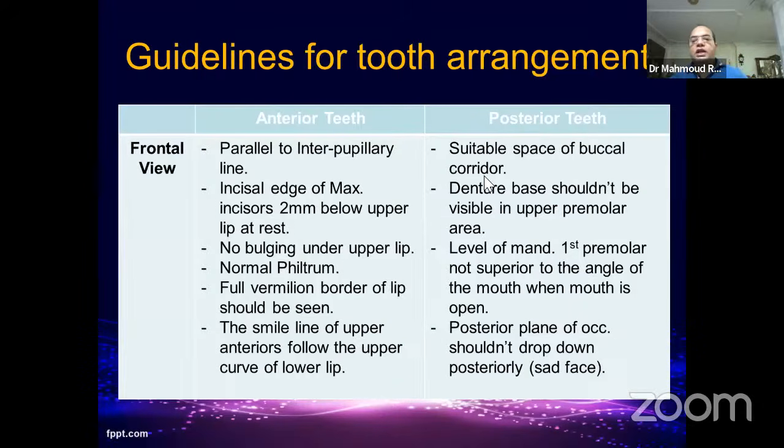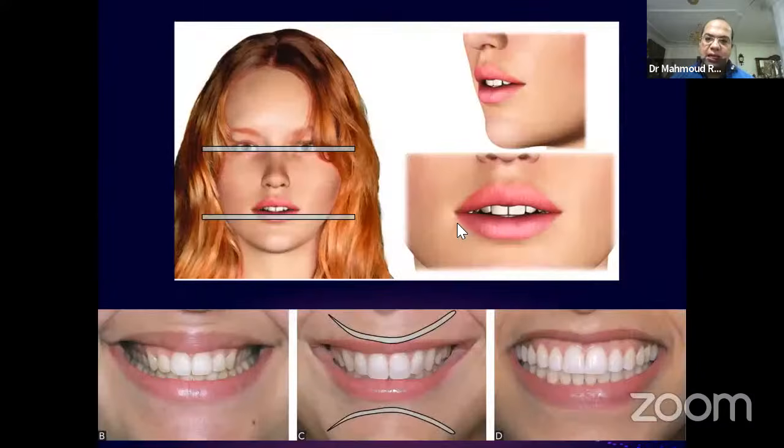Okay, the posterior teeth from frontal view: suitable space of buccal corridor. As we see here, if we leave too much space, it will give black corners here. This is bad aesthetics. If we block it like this, it may cause cheek biting and also give bad aesthetics.